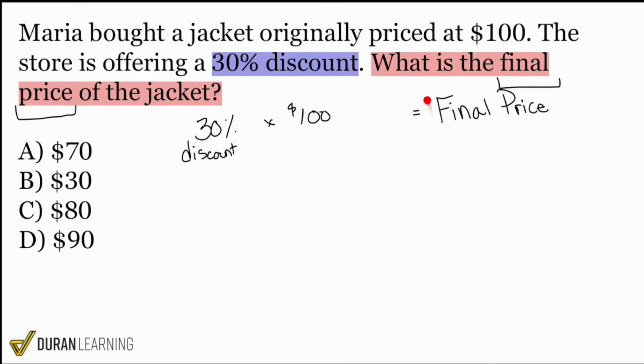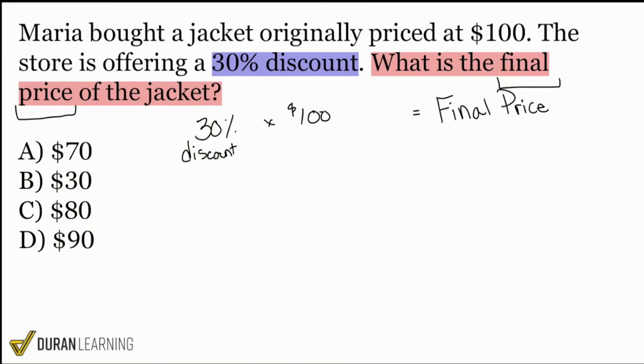It's actually going to be the amount of the discount. So if we were to do it like this, you would have to remember to subtract whatever you get from that 100.